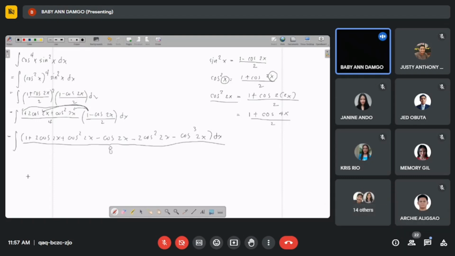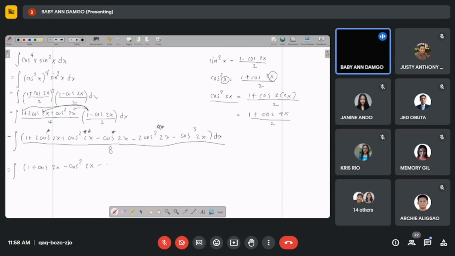Okay, so simplify, we have integration of 1 plus, these can be combined, no? So we have cosine 2x. And this one can also be combined, so we have minus cosine squared 2x.